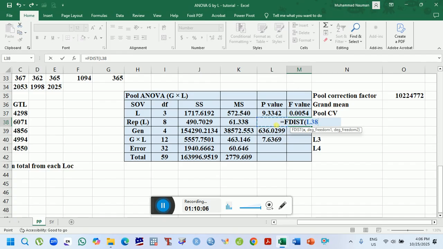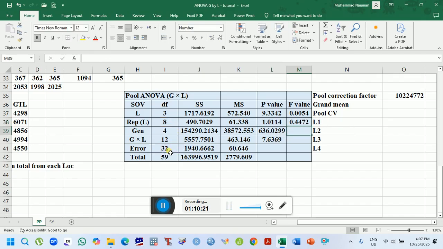Select the p-value of replication within location, comma, the rep within location degree of freedom, comma, and the error degree of freedom. And it is not significant. It means for this trait, pods per plant, the reps within location are uniform or non-significant.